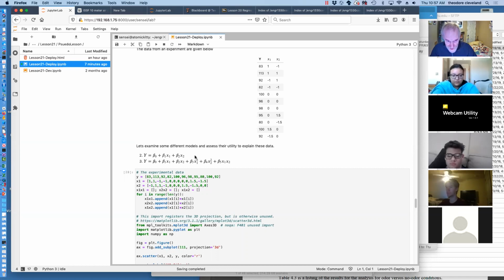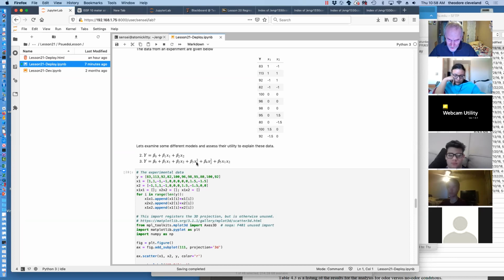Let's look at equation number 3. We have coefficients beta 0, beta 1, beta 2, beta 3, beta 4, and beta 5. Beta 1 is the coefficient that multiplies x1, whatever the value of the fiber addition change is. Beta 2 multiplies x2, whatever the value of the hardener addition change is. Beta 3 multiplies x1 squared.